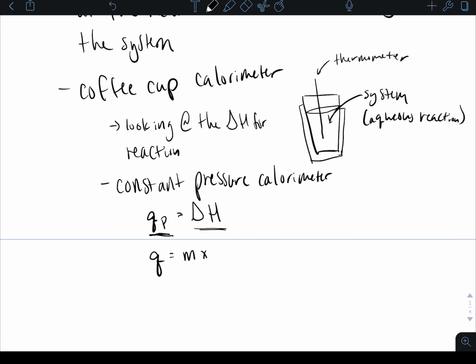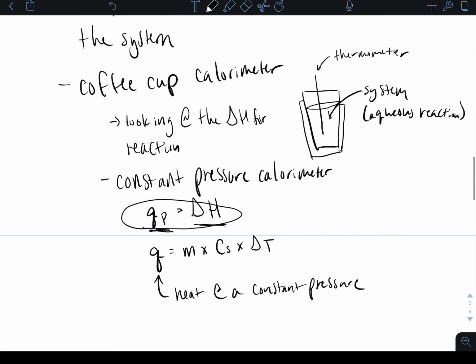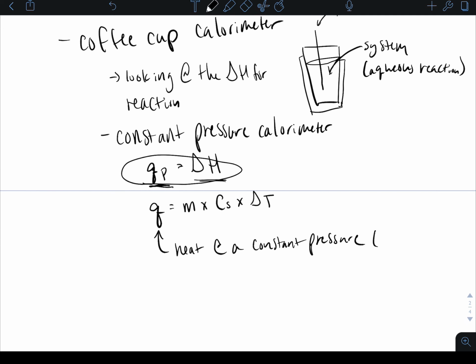So Q is equal to mass times specific heat times delta T. So our Q is our heat here at a constant pressure. And if we're at a constant pressure, our heat is equal to our enthalpy. All right, so we don't have any change in that.